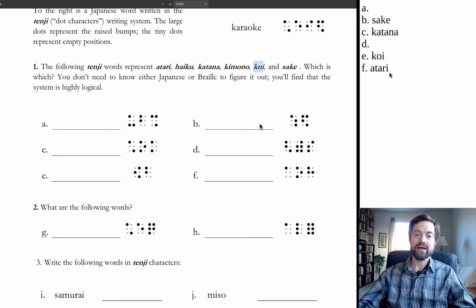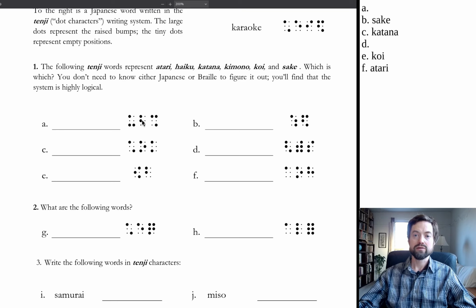So that leaves us with only A and D. One of them is going to be haiku, and one of them is going to be kimono. So between A and D, which one fits for haiku versus kimono?